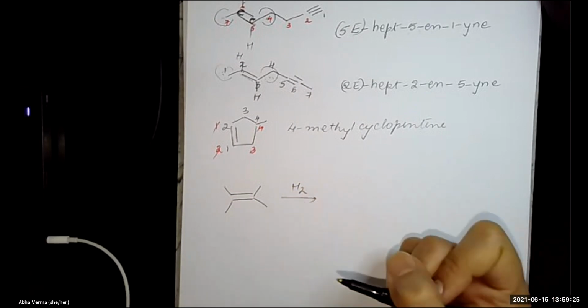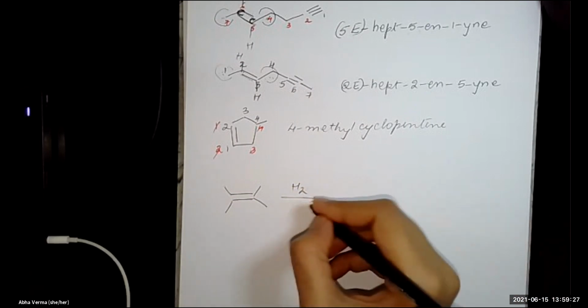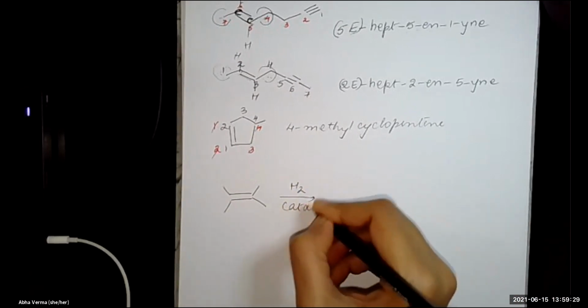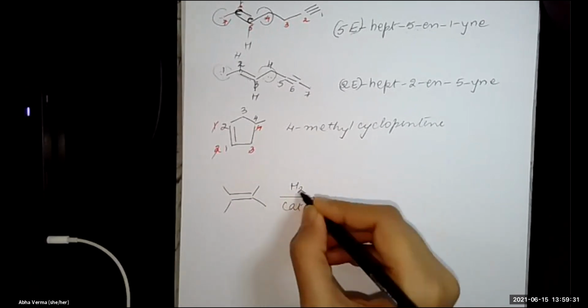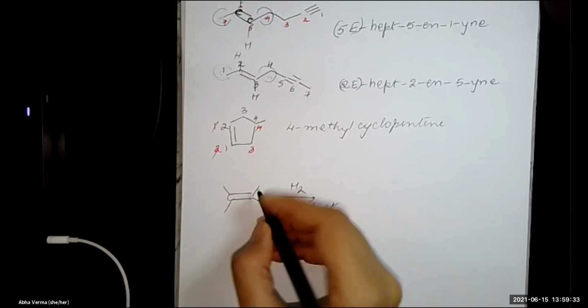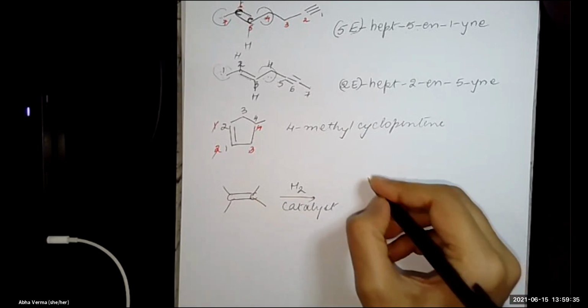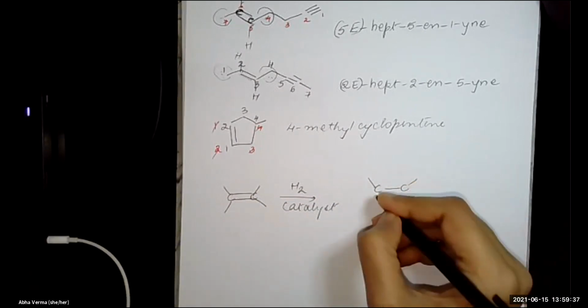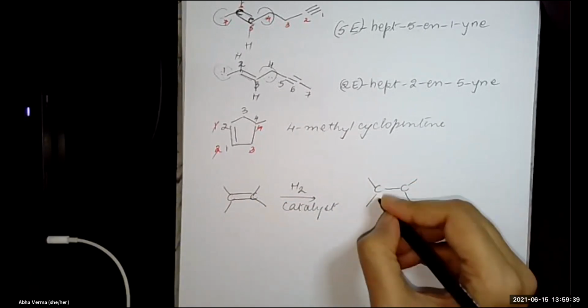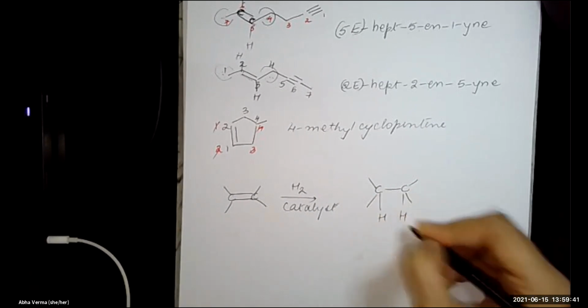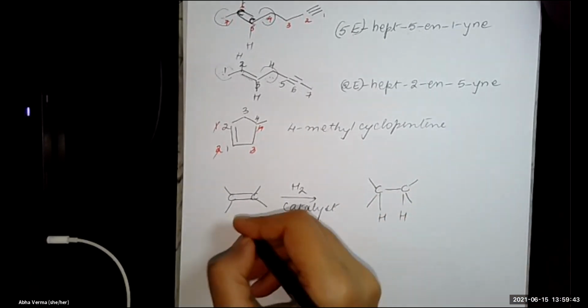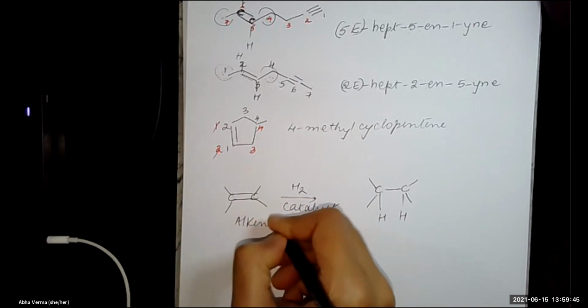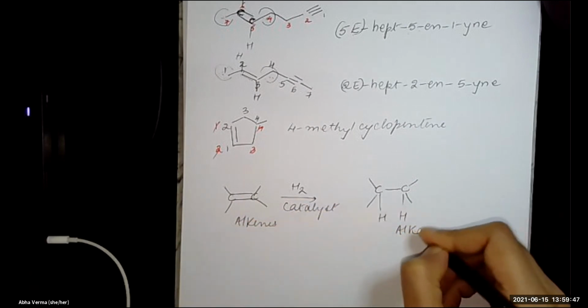So if I have hydrogen gas in presence of a catalyst, I can add these two hydrogens across this double bond and generate what? From alkenes, I'm making alkanes.